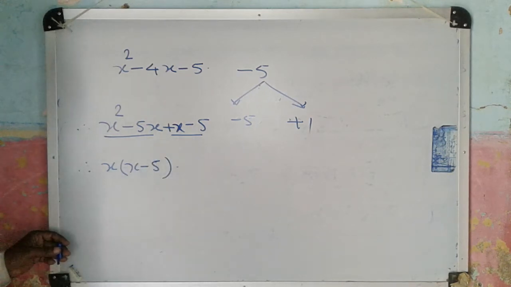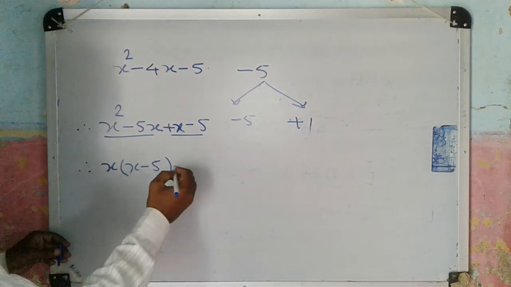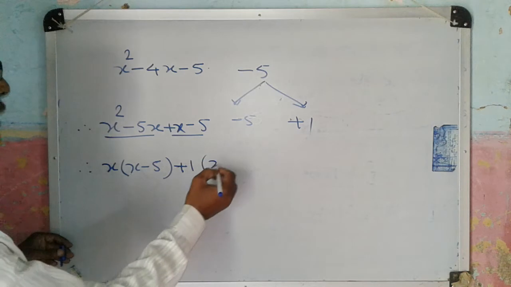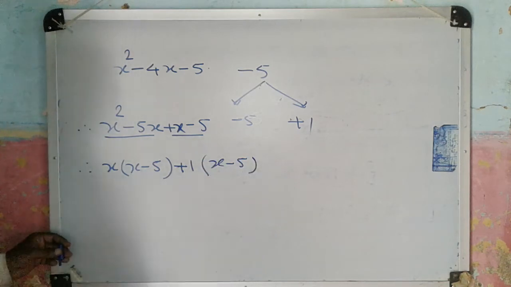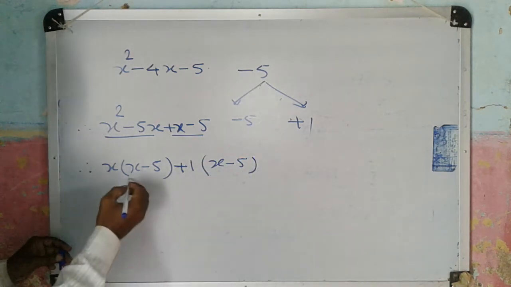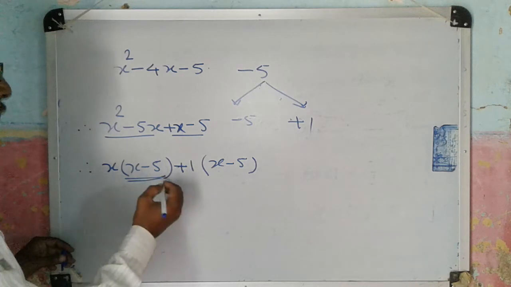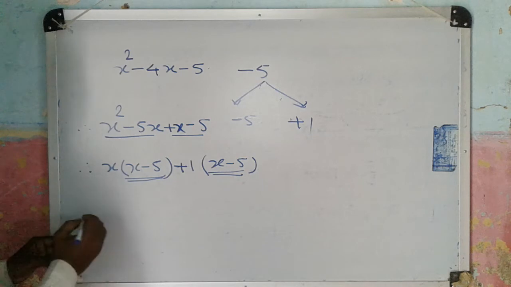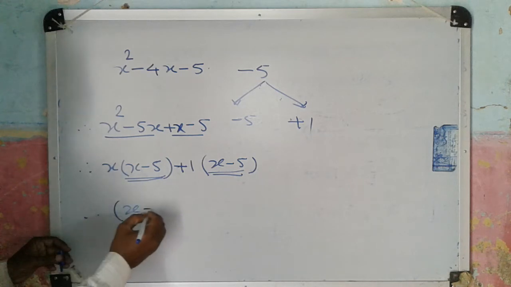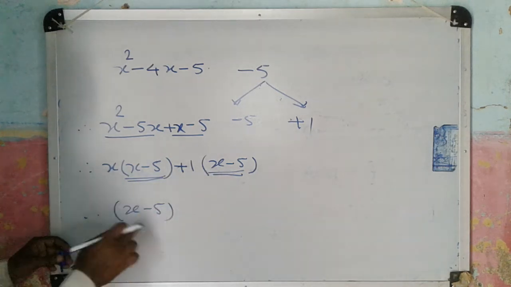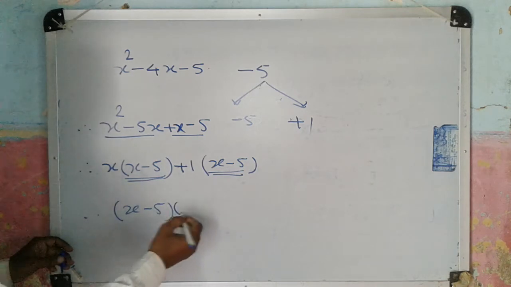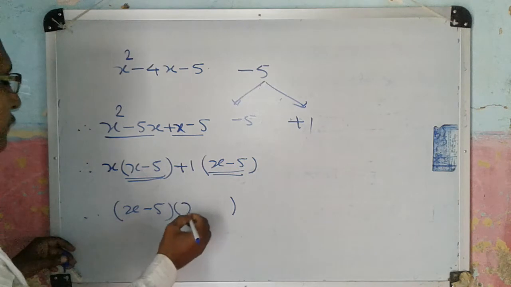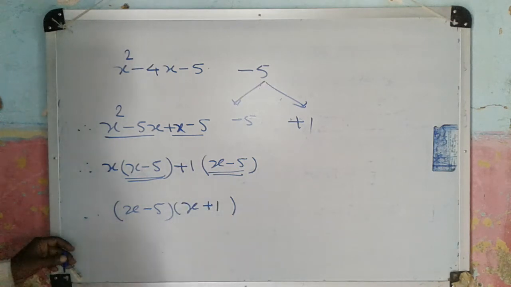From the second group the common factor is plus 1. And here we get x minus 5. So here x minus 5 is the common bracket. So take the common x minus 5 bracket and write the remaining terms in the second bracket, that means x plus 1.